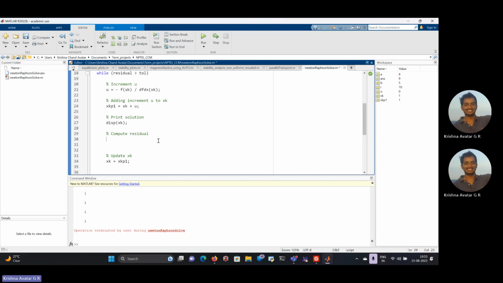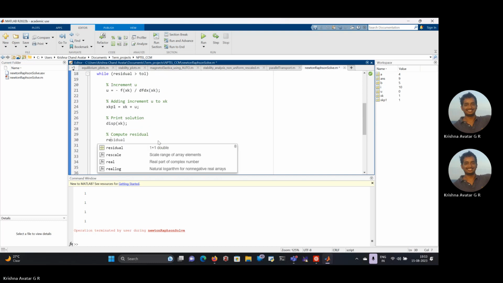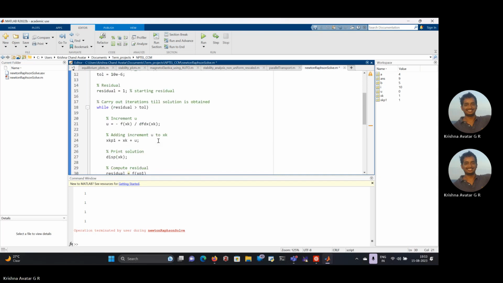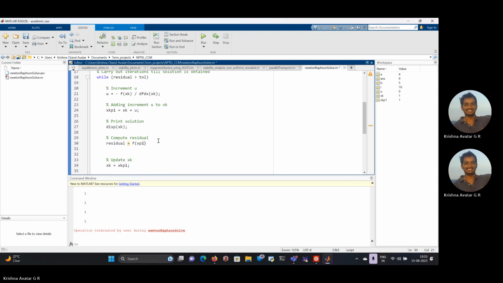Residual is nothing but the function value, isn't it? So you'll have residual equal to f of x_kp1. This is being updated now.